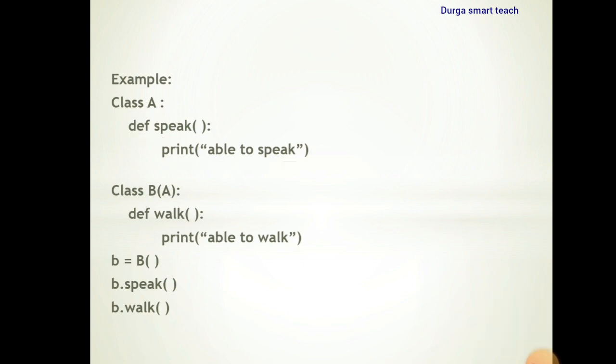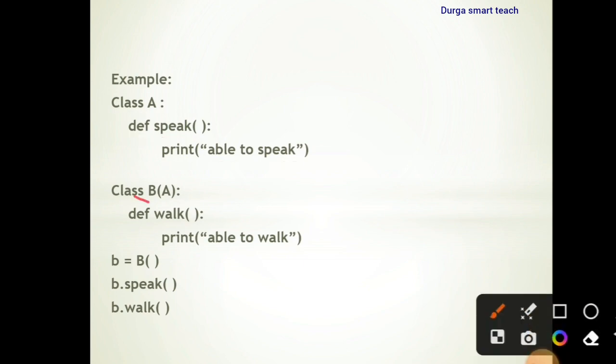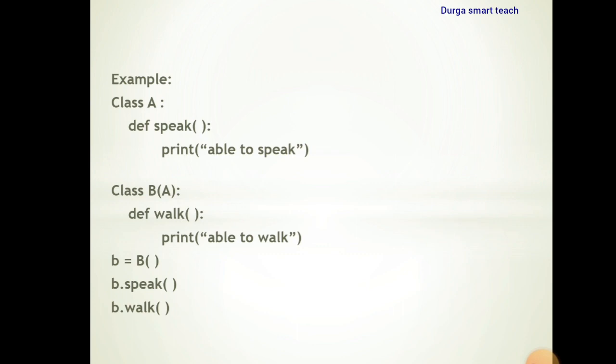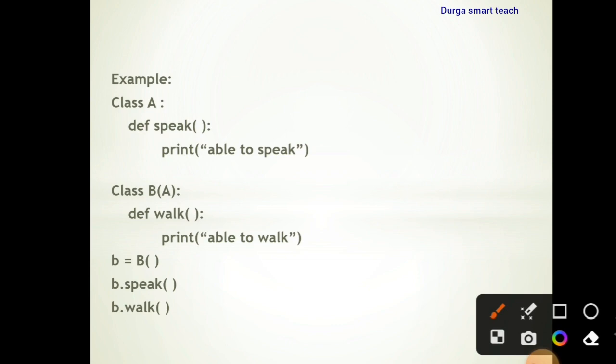Next I am creating one more class, which is the subclass derived from superclass A. It contains def walk, whose implementation prints able to walk. So A contains one function and B contains one function. A function is a subprogram used to perform a specific task. The specific task of the speak function is to print able to speak, and the walk function is used to print able to walk.